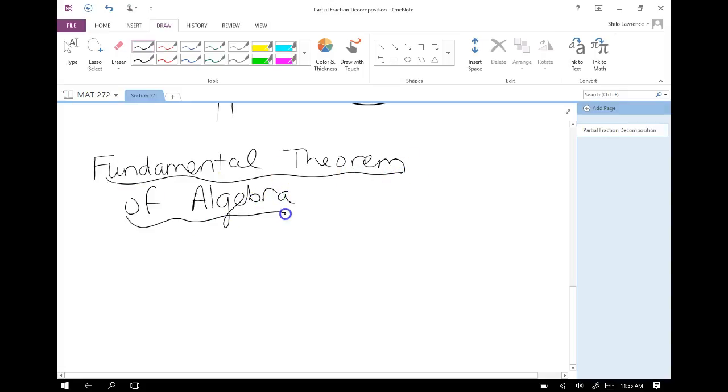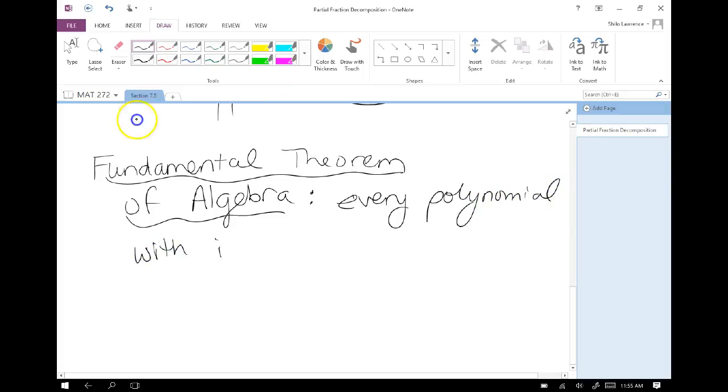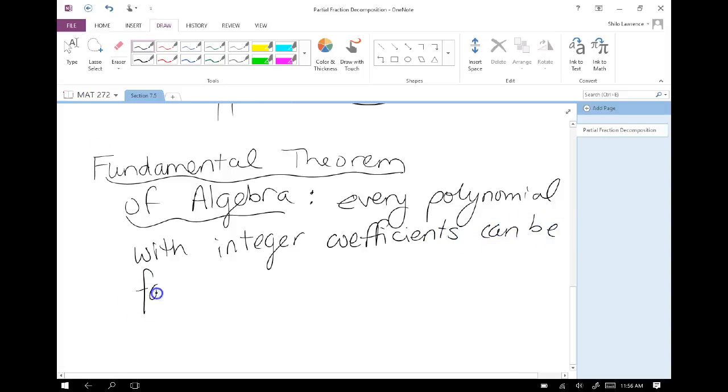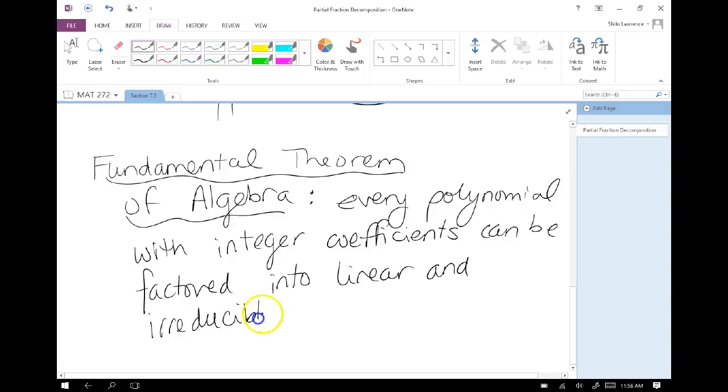And the fundamental theorem of algebra says that every polynomial, every real valued polynomial, and not even real valued, let me say polynomial with integer coefficients, can be factored into linear and irreducible quadratic factors.